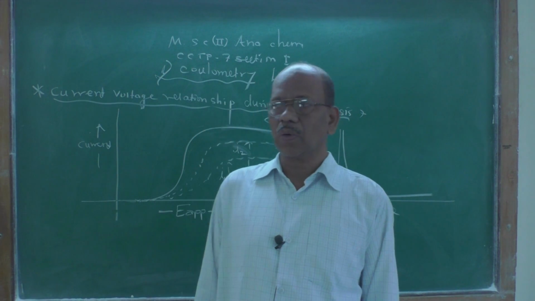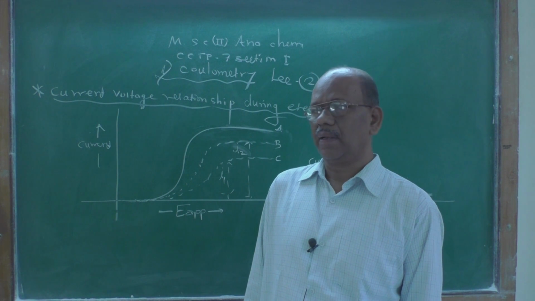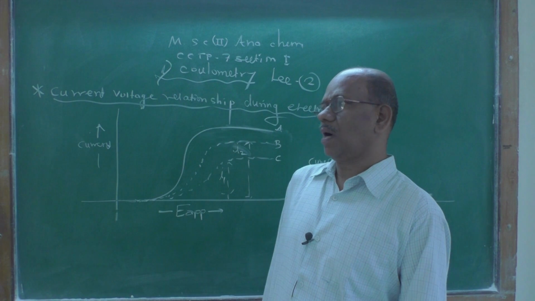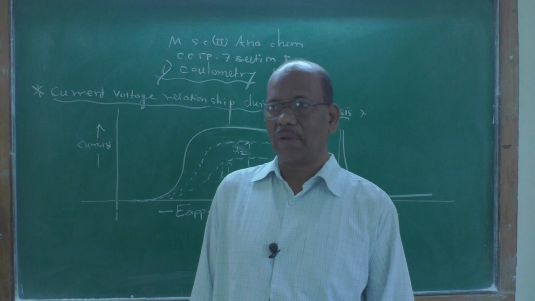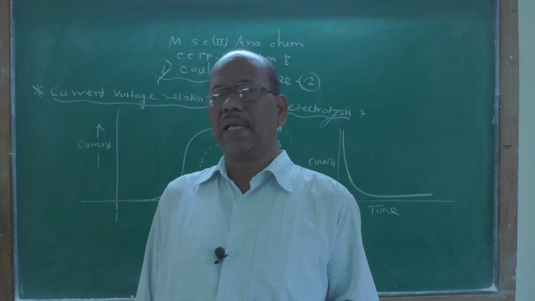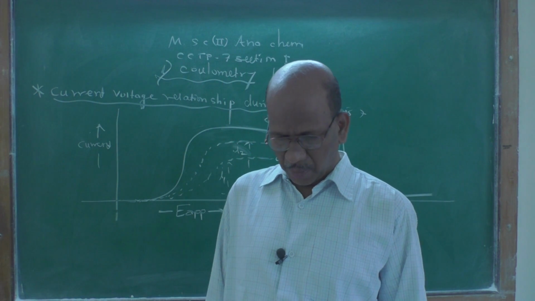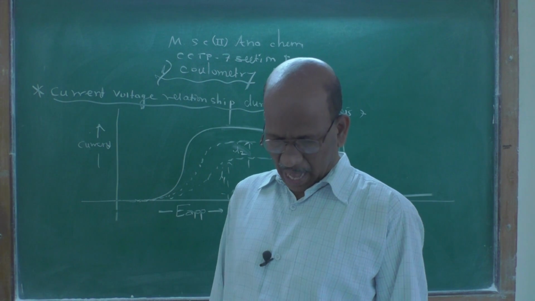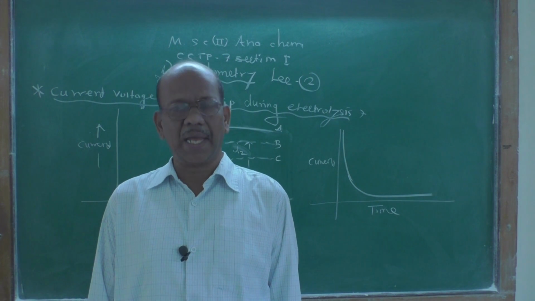When you consider coulometry, there are two types. Either you keep the current constant during electrolysis, or the potential is constant during electrolysis. Depending upon that, there are two coulometric methods. One is coulometric analysis with constant potential of the working electrode.